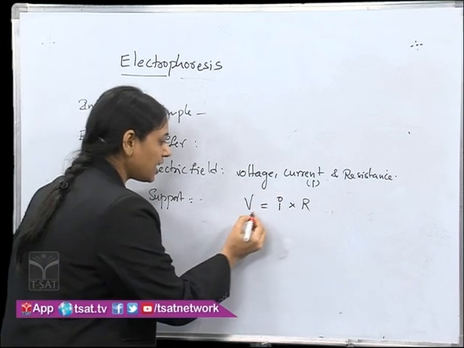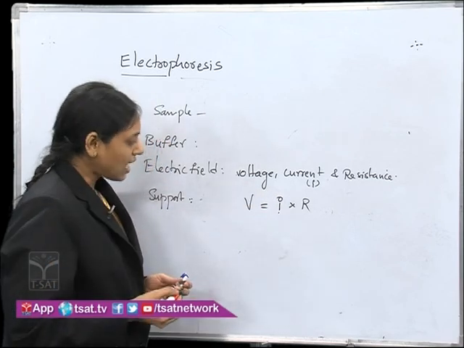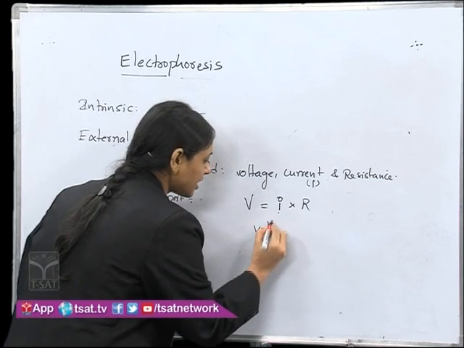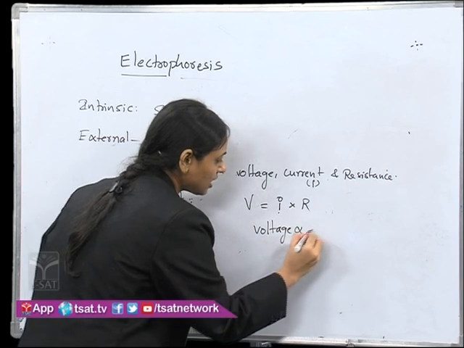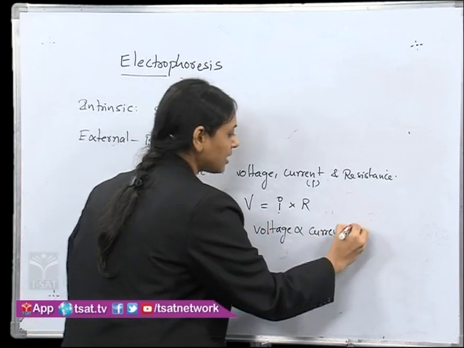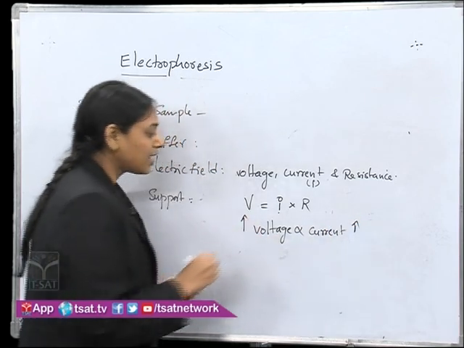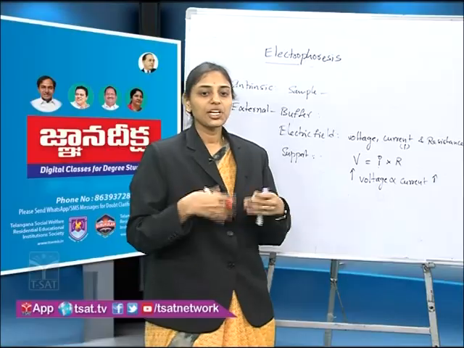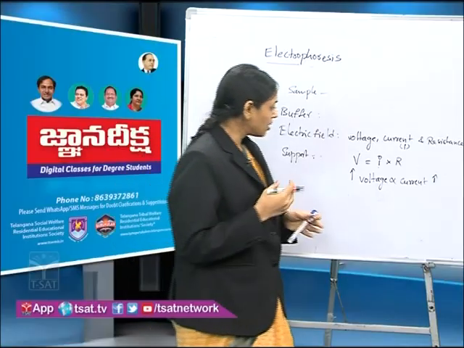So V is proportional to I and inversely proportional to R. So voltage is proportional to the current. So if we increase the voltage, current would also increase and it would speed up the migration process of the molecule.